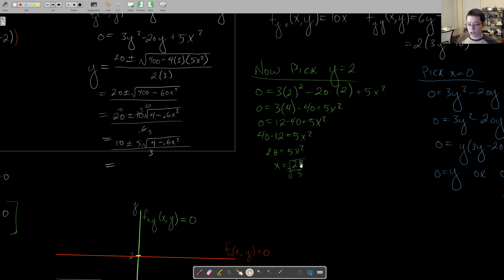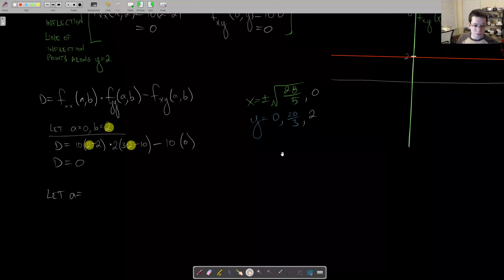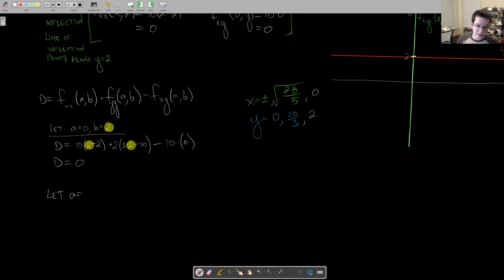Because this number only occurs when y is equal to 2. So we'll do let a equal plus or minus the square root of 28 over 5, and b equal to 2.